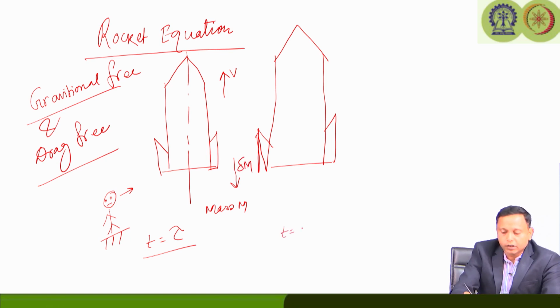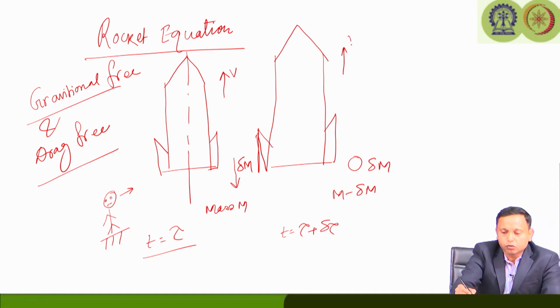So at time instance tau plus delta tau, the mass of the rocket has changed to m minus delta m, and this is the delta m mass.